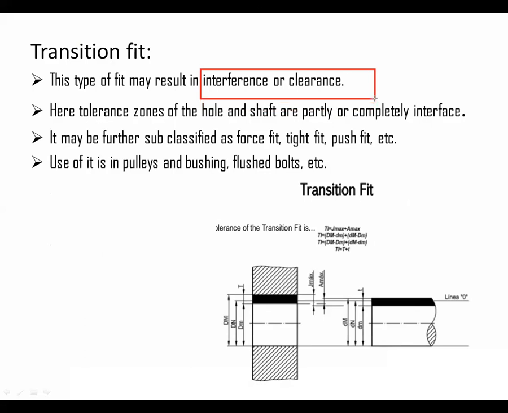It may be interference or clearance, so we call it a transition. It may be further subclassified into force fit, tight fit, push fit, etc. Use of it is in the pulley and bushing and flush bolts, etc. Fine. So this transition fit may be interference, may be clearance.